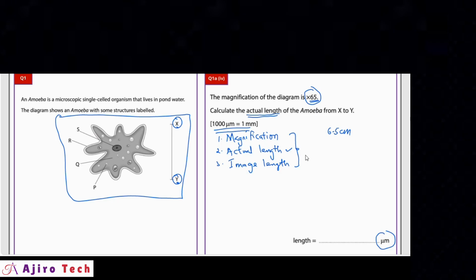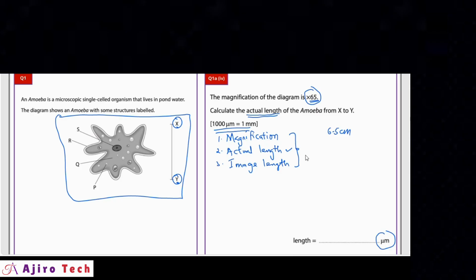I have told you that the value I'm using here is an assumed value because I cannot place a ruler on the screen, and the zoom level of the screen might not be the same as the physical question paper. So I'm going to use an estimated size. You just follow how the calculation is done.